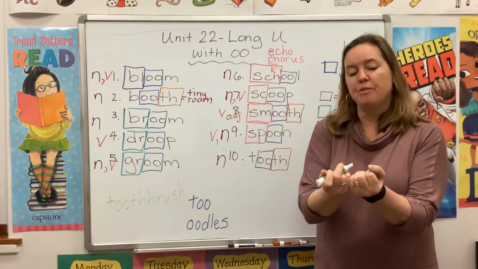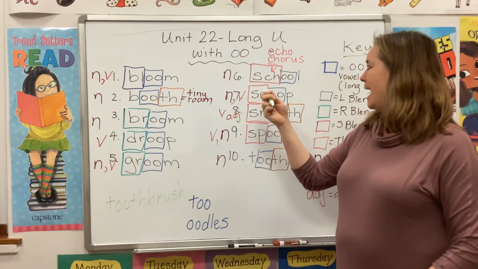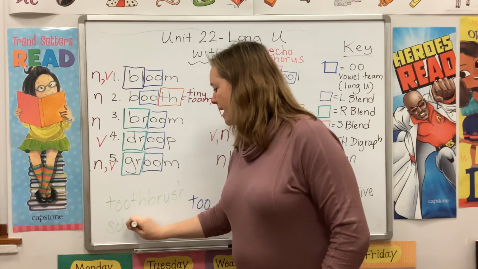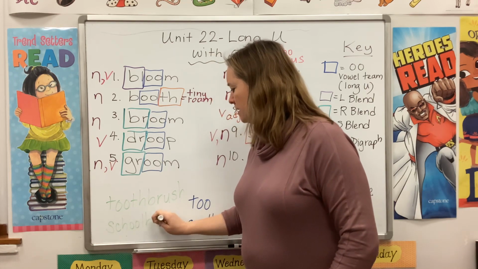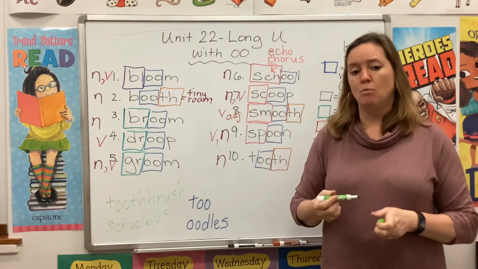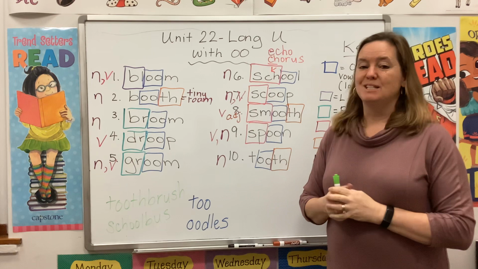One word, toothbrush, right? Take two little words, glue them together. I can have a school, or I can have a school bus. Two words glued together to make one word. So you will see more examples of that when you get to page 140.